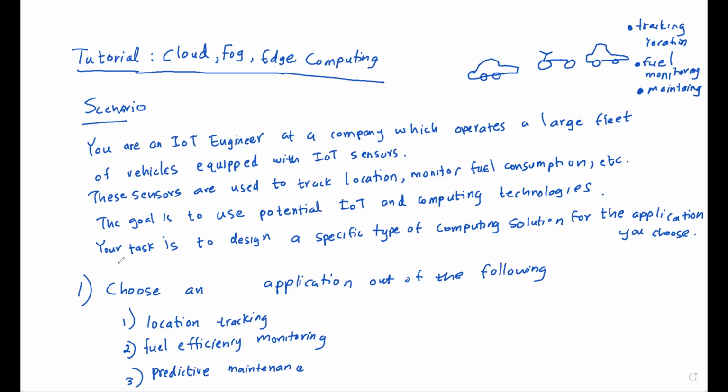You need to clearly define, right? First, you need to choose an application out of the following. Then, after these 3 points, you need to clearly define the objectives and the requirements of the selected application.